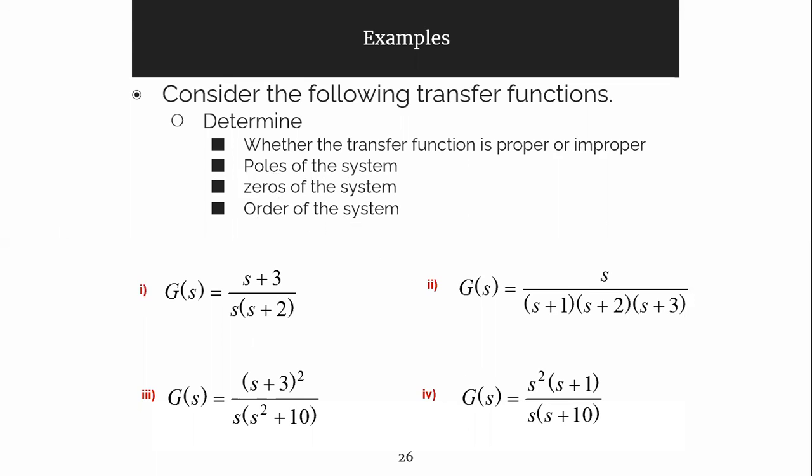By looking at these, we must identify whether my transfer function is proper or improper. Secondly, how many poles there are, how many zeros there are, and what the order is. In this way we can identify.